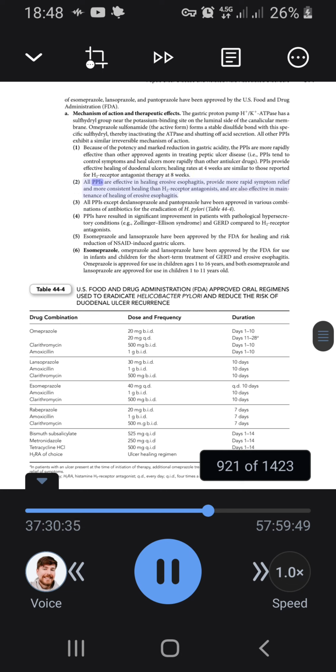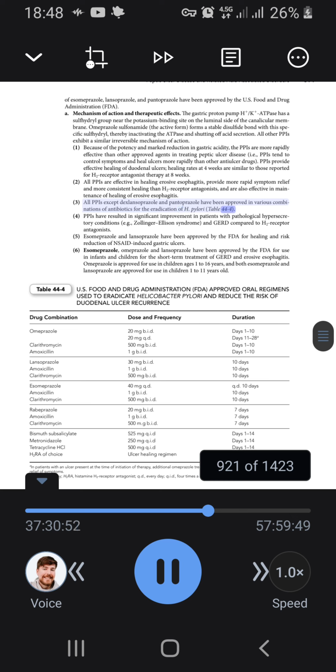2. All PPIs are effective in healing erosive esophagitis, provide more rapid symptom relief and more consistent healing than H2 receptor antagonists, and are also effective in maintenance of healing of erosive esophagitis. 3. All PPIs except dexlansoprazole and pantoprazole have been approved in various combinations with antibiotics for the eradication of H. pylori.